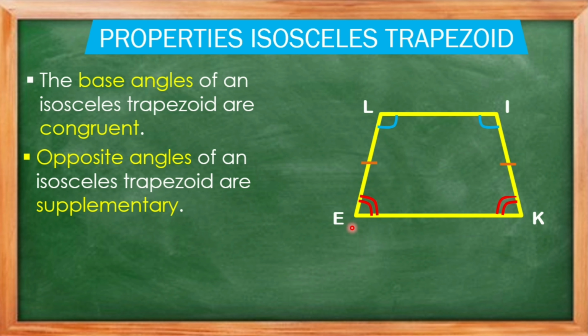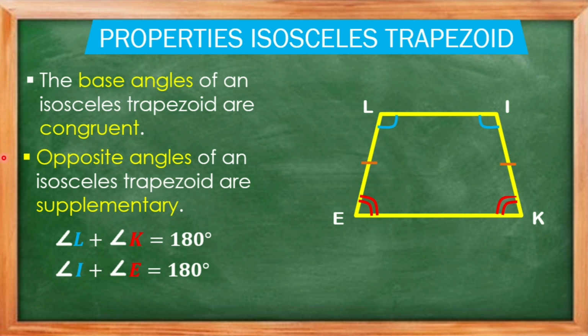So, alin ba dito ang mga opposite angles niya? Okay, so we have angle L plus angle K is equals to 180 degrees. Kasi nga, sabi dito, opposite angles are supplementary. So, itong angle L at saka angle K, ang total nila is 180 degrees based dito sa property ng isosceles trapezoid natin. And another, we have angle I plus angle E is equals to 180 degrees din.